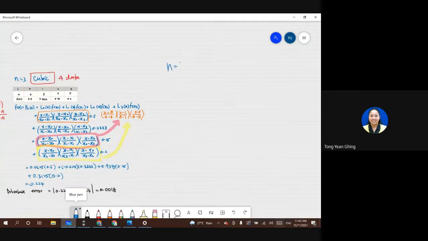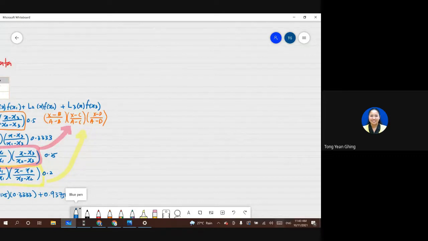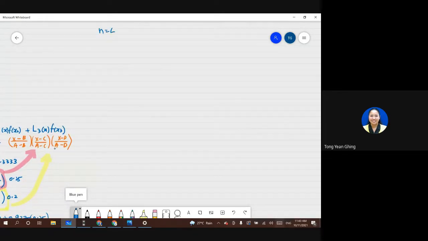When n equal to 4, that is a quartic. So that means for the quartic, it will pass through 5 data points.